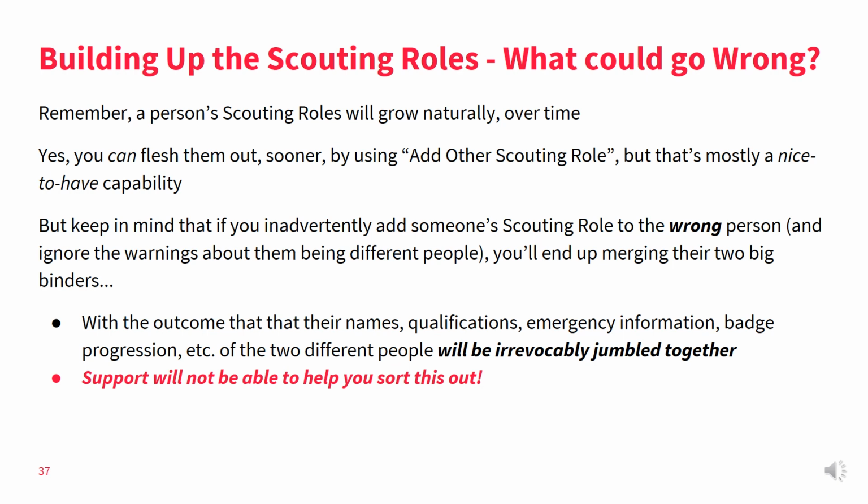This would be devastating because all of their qualifications, all of their emergency information, and their badge progression collected from years and years of data would now be irrevocably jumbled together. And sorry, there's just nothing support can do to help you sort it out. If you do that, you pretty much have to start all over again with those two members.